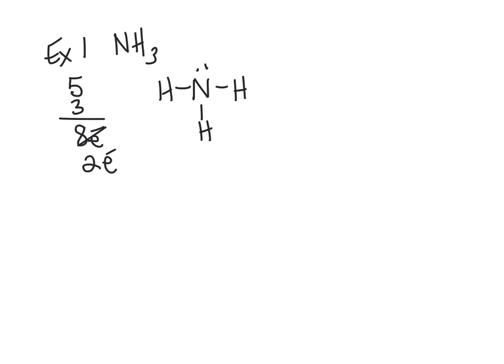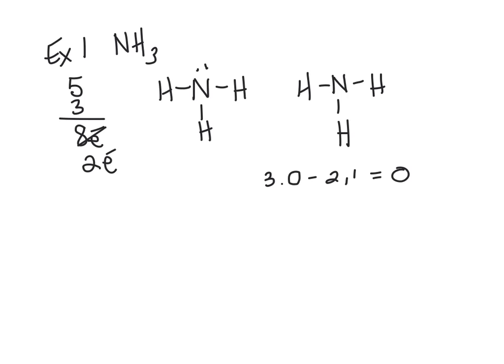Now, dipoles. So our structural diagram will look like this. Difference in electronegativity. Nitrogen has electronegativity of 3. Hydrogen is 2.1.